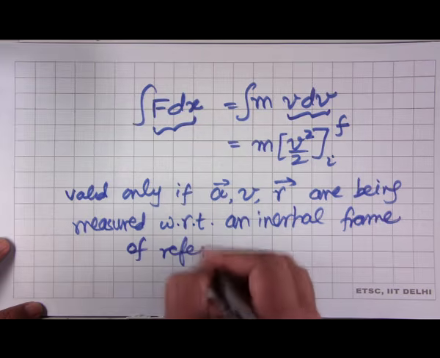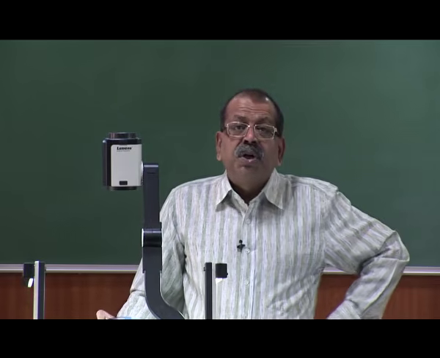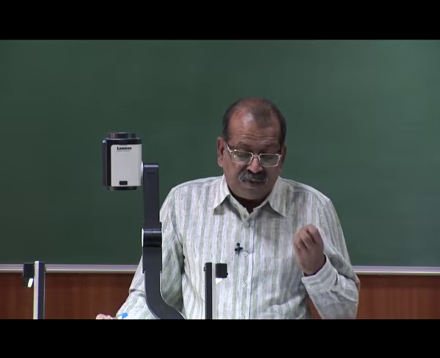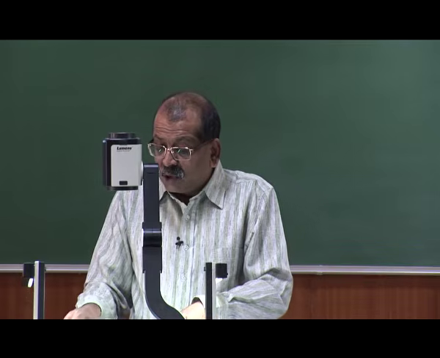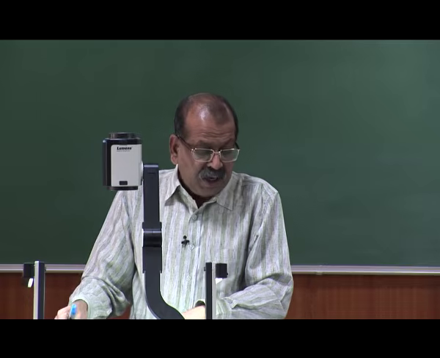So, for the work energy theorem to be valid, the kinetic energy has to be measured with respect to an inertial frame, and the displacement and the work done which you calculate also have to be measured with respect to the same inertial frame of reference. Otherwise, the theorem will not be valid, because F is equal to ma is valid only in an inertial frame of reference.